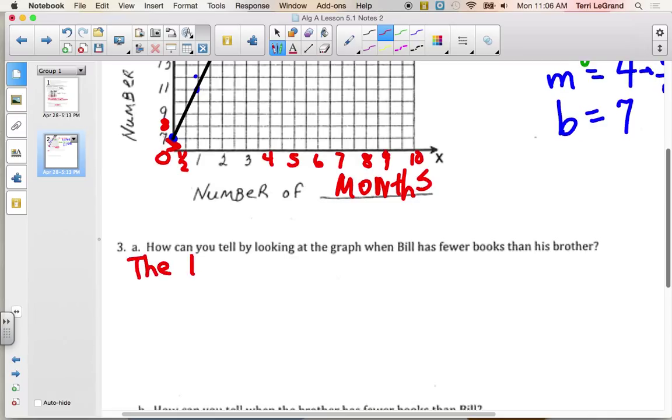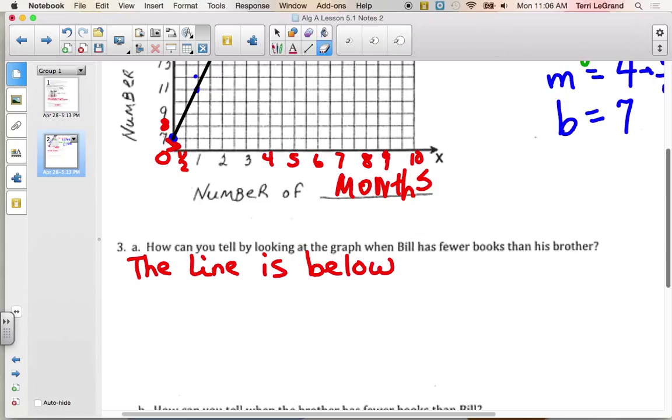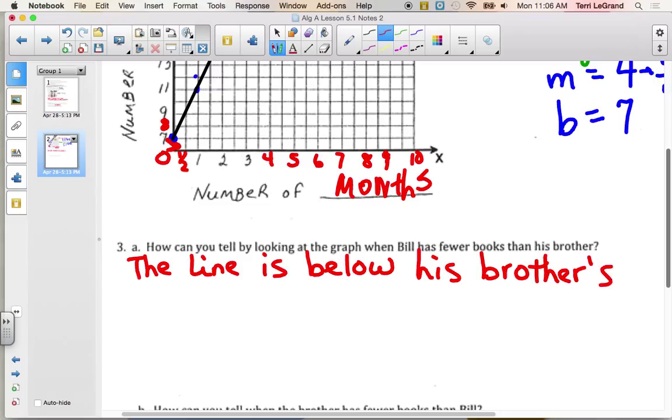The line is below his brother's line where Bill has fewer books.